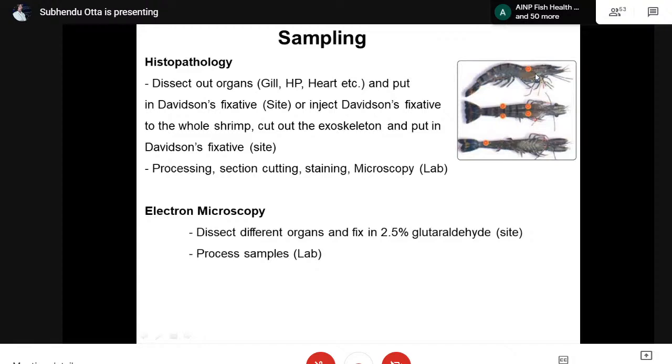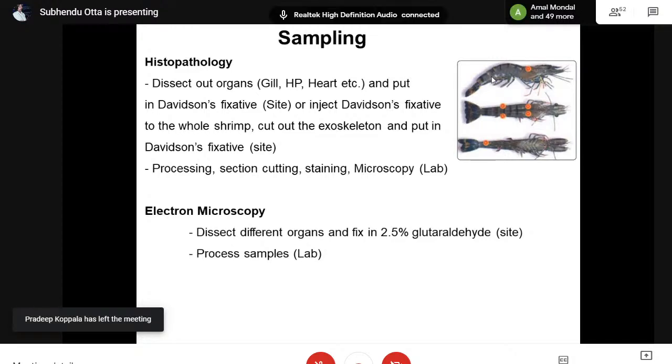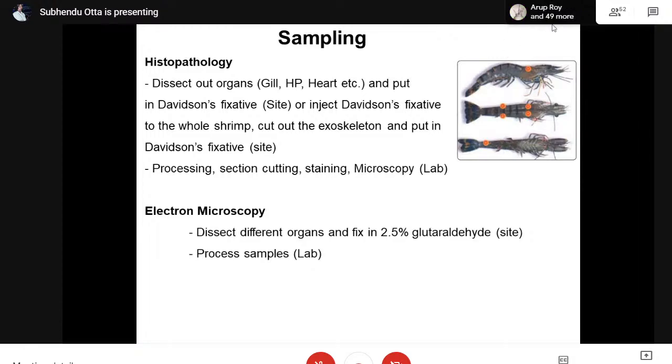In shrimp, the hepatopancreas is the major part which undergoes deterioration very quickly as soon as the animal dies. So for histopathology, you should consider only moribund shrimps or very fresh ones that have just died. A little bit of delay means it's not suitable for diagnosis.